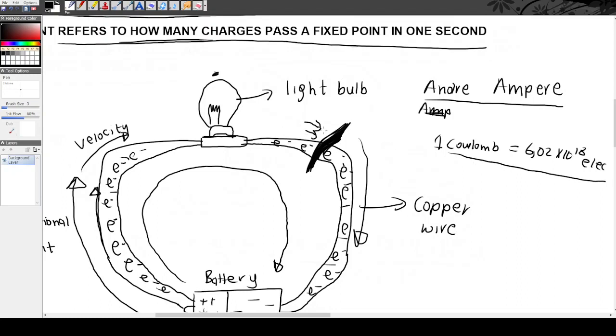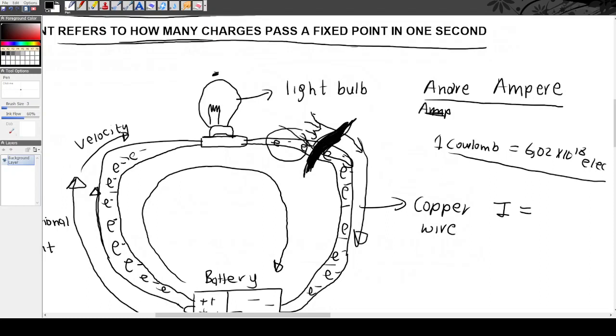So he calculated how many coulombs of charge pass this line, right? And then he called that current. So current, we use the symbol I to denote current. I is the rate of flow of charges. So he calculated how many coulombs of charge pass this black line of mine.